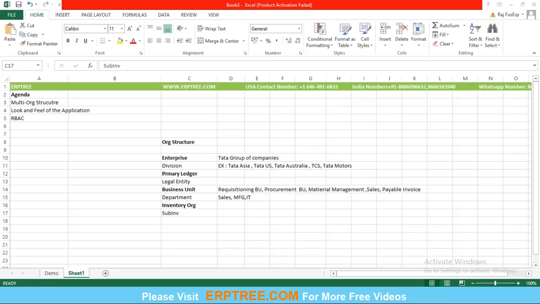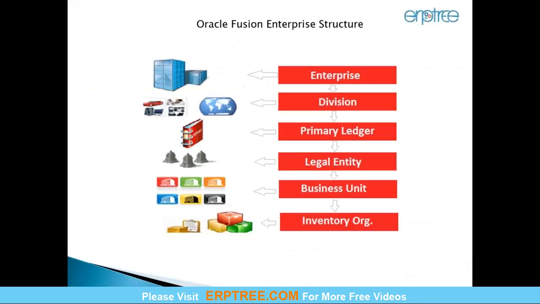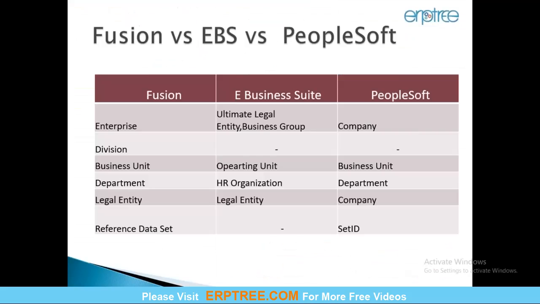Okay, that is how you have your multi-org structure. So let us move forward. There are some key terminologies and functionalities which have been adapted from a few of the applications. Here you can see Fusion versus EBS versus PeopleSoft.